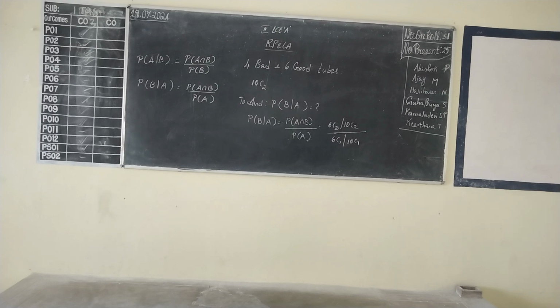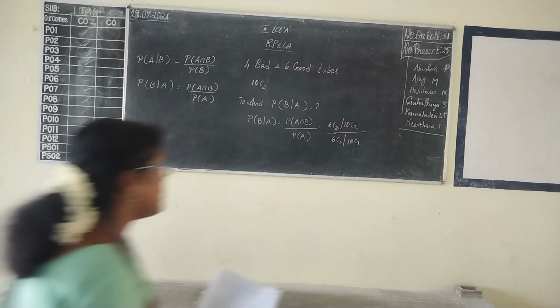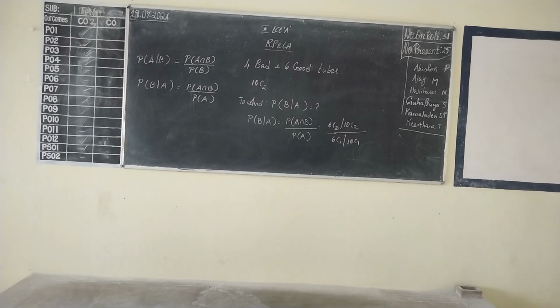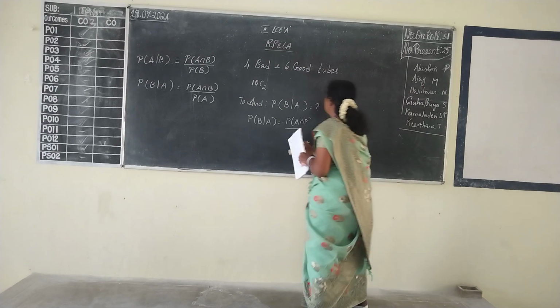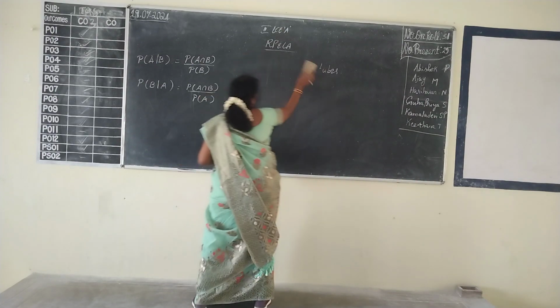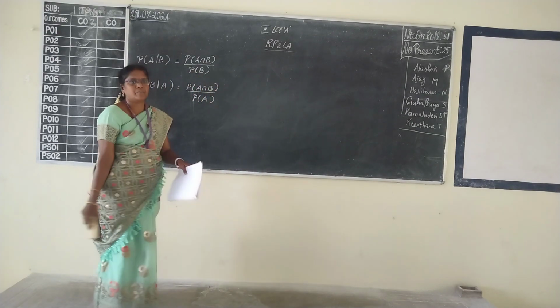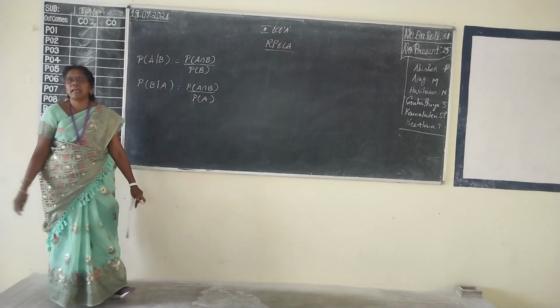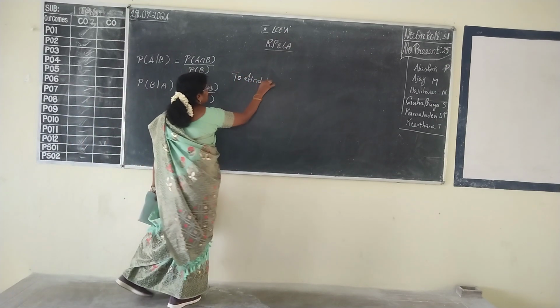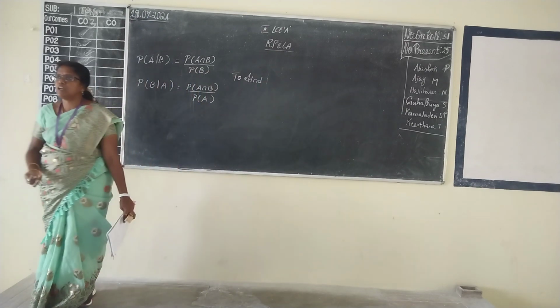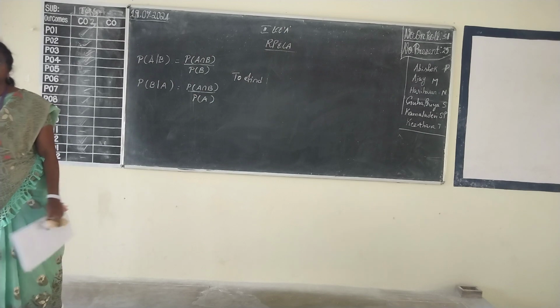Start the solution. Let A be the event denoting high fidelity. Let B be the event denoting high selectivity. If you want, you can interchange your assumptions also, nothing wrong. You can assume A for selectivity and B for fidelity, and the corresponding steps will be used.